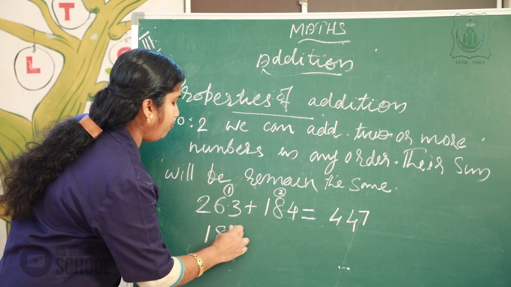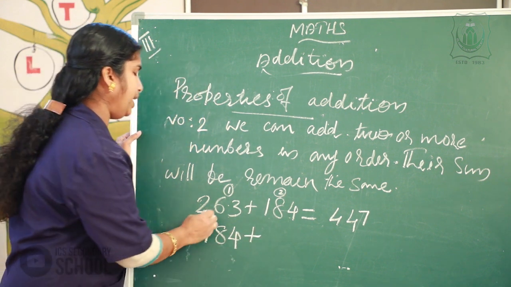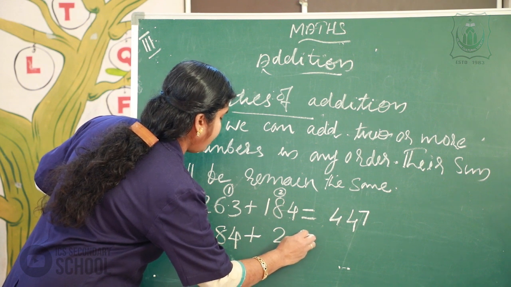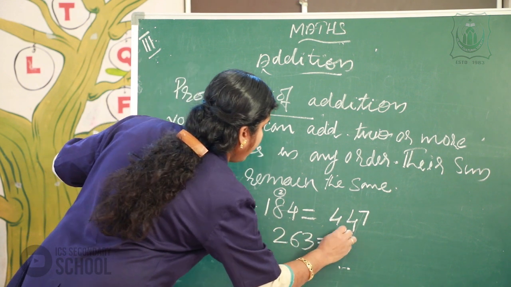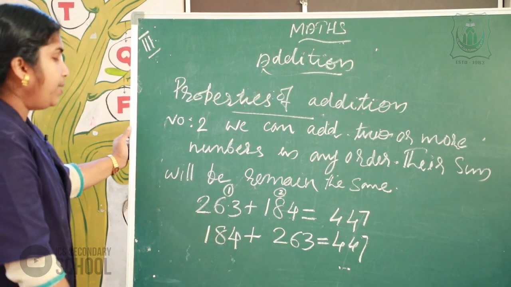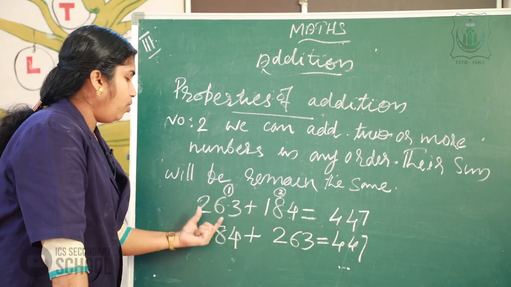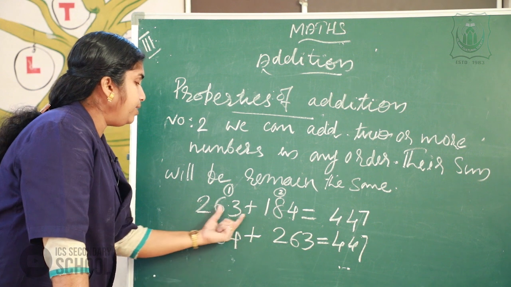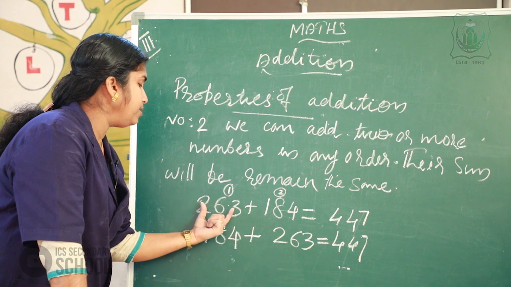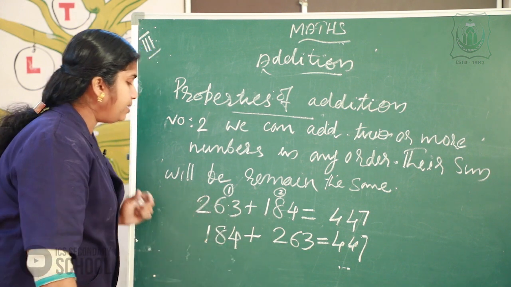First of all, we write 184 plus 263. We also get the same answer. The sum will remain the same. Here we change the order, first order, second order.